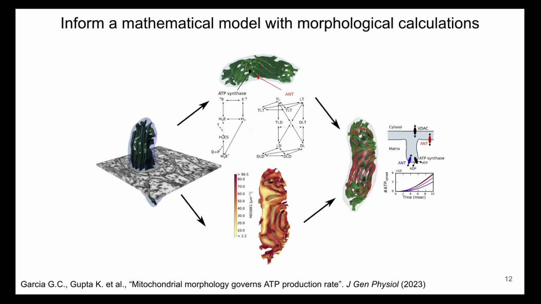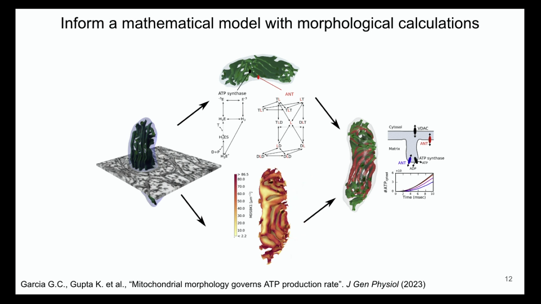But now what we have is these new tools that quantify the curvature. So how to incorporate that into the models? The way that we did it is these areas of high curvature allow us to estimate how many ATP synthases are in each of these reconstructions, and where they are.